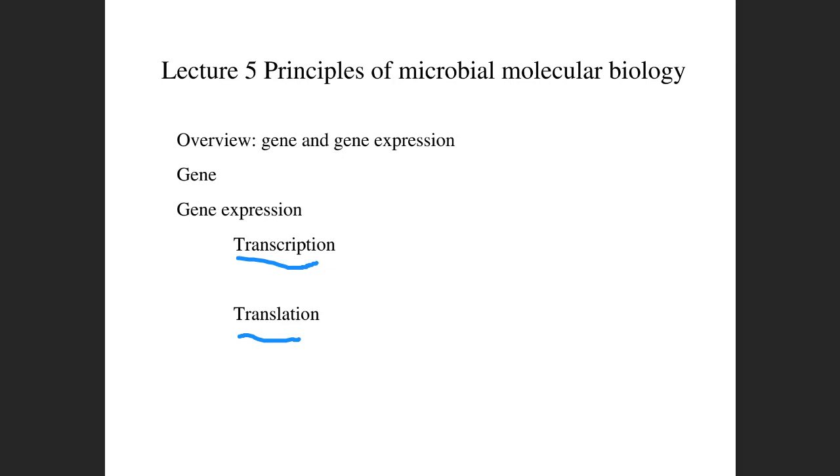So we know when you need to make a protein, the genetic information needs to be used to start a process of transcription to make mRNA, and then the mRNA will be translated to protein.